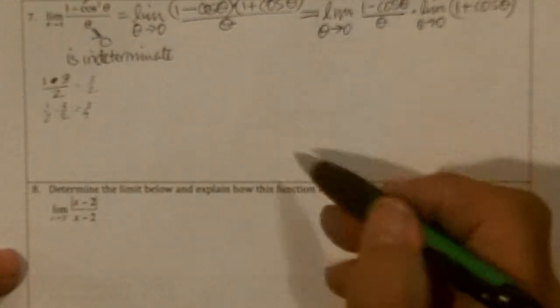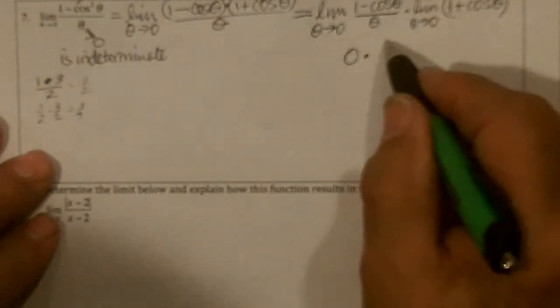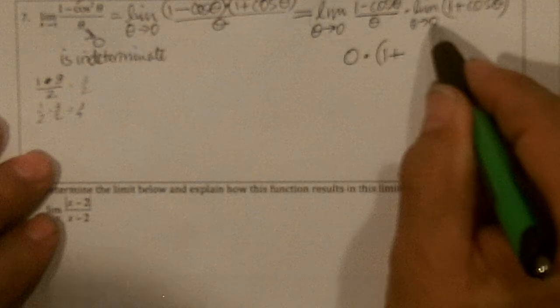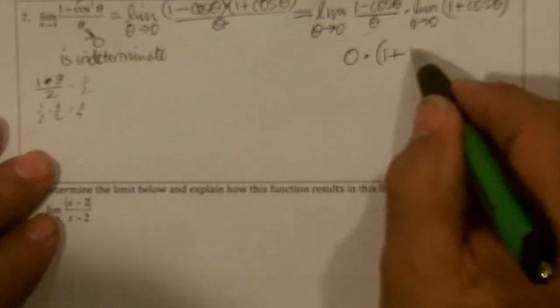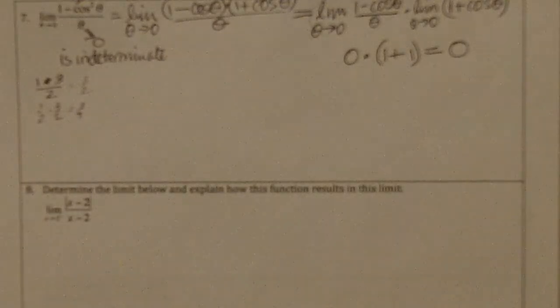Now this part we know is 0 from what we've learned and put on our note card, times, and this we can put in 0 and we get 1 plus, and cosine of 0 is 1. So this becomes 0 times 2, which is 0.